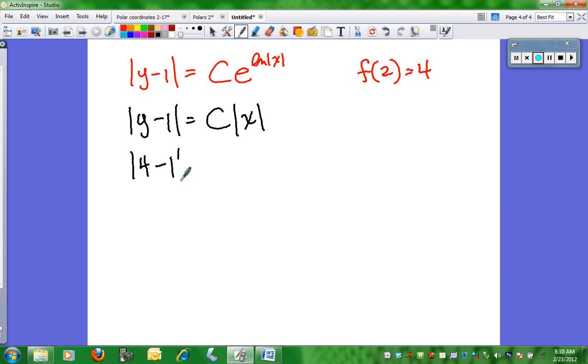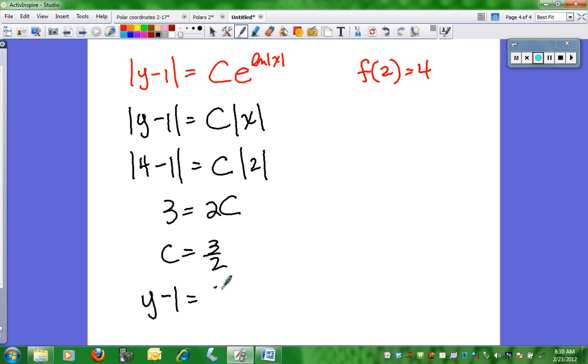4 minus 1 equals c times the absolute value of 2. This ends up giving 3 equals 2c, and c is equal to 3 halves. So that means we end up with y minus 1 equal to 3 halves absolute value of x.